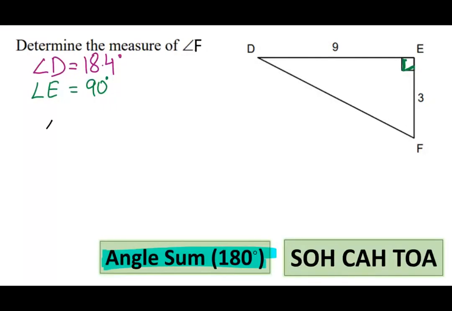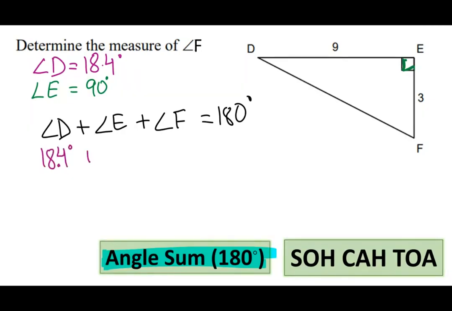This means angle D plus angle E plus angle F equals 180 degrees. Now let's plug in our numbers. We know angle D is 18.4 degrees. We know angle E is 90 degrees. And we need to find angle F.